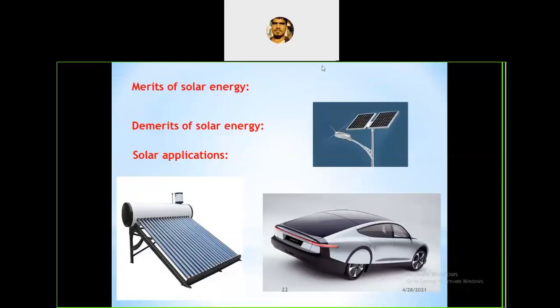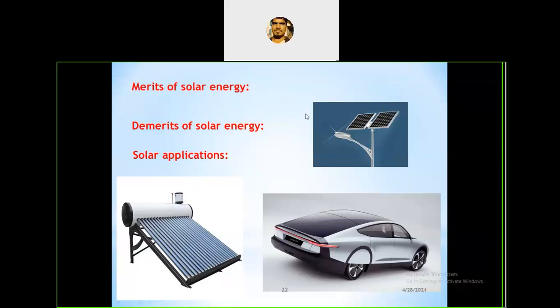Next are the merits of solar energy, the demerits of solar energy, and solar applications. So what are the advantages of solar energy? We already know that solar energy has a lot of advantages when compared to conventional sources of energy.